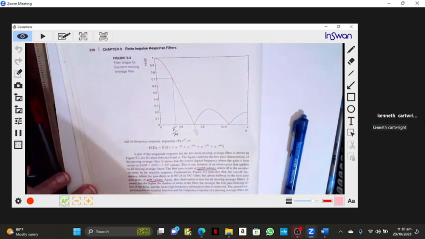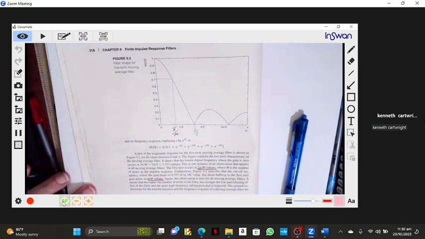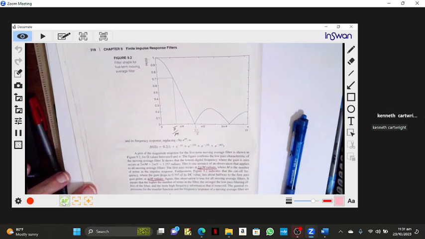What makes the cutoff frequency the cutoff frequency? Do we start looking at the part of the graph that's descending from one?